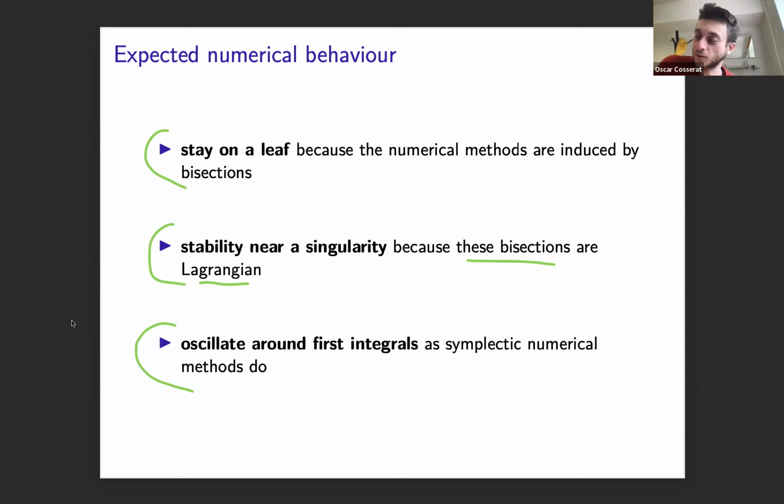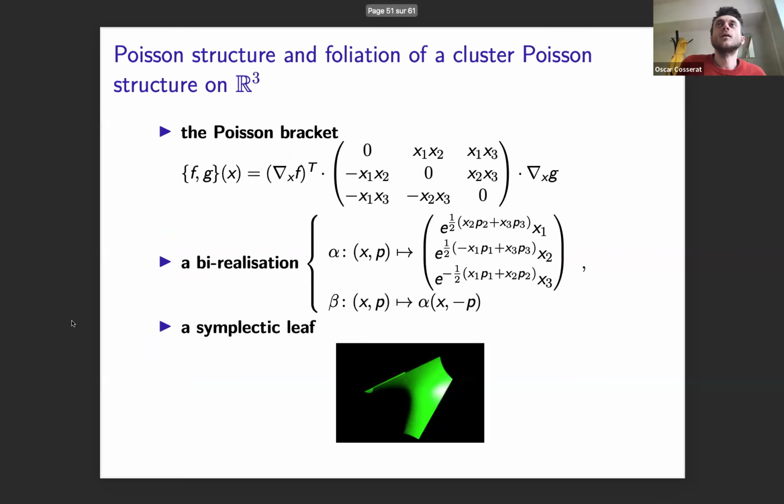So we will see right now benchmarks of numerics. I will explain in this numerics what I mean by oscillating around first integrals. We had three examples of Poisson structures in the first lecture.